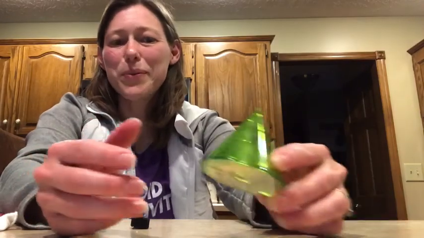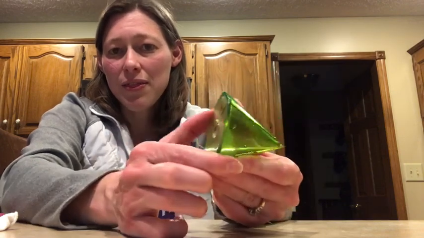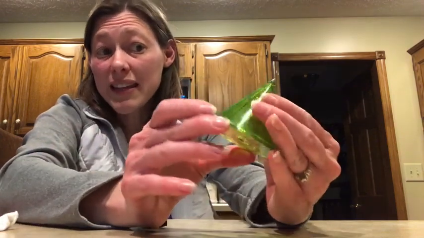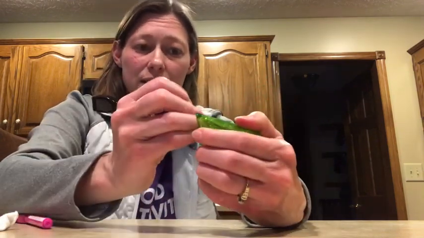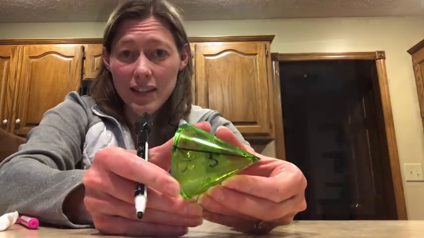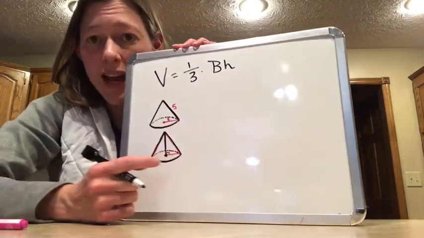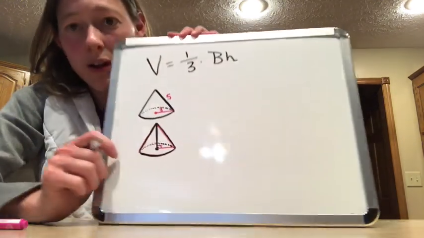All right, guys, so we're gonna find the volume of this cone. All right, this radius, I'm gonna say is 3, and then the slant height, I'm gonna say is 5. That's the slant height. If you look at this, we know the slant height, but we need to know the height.